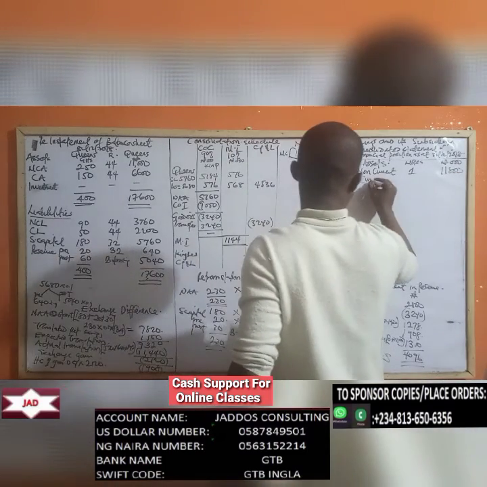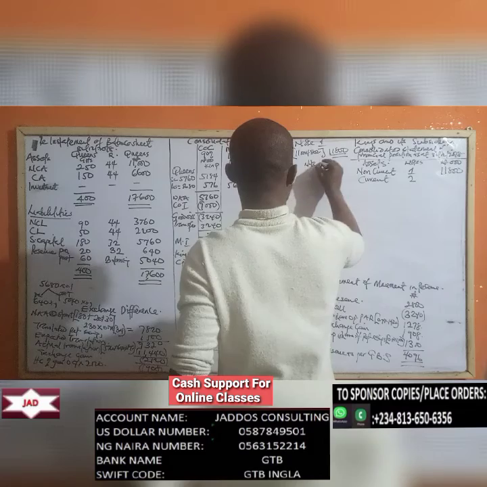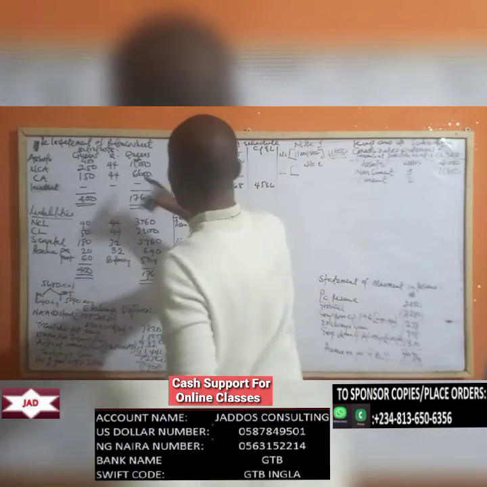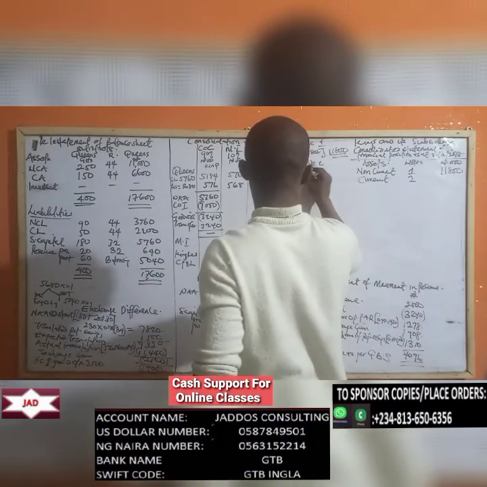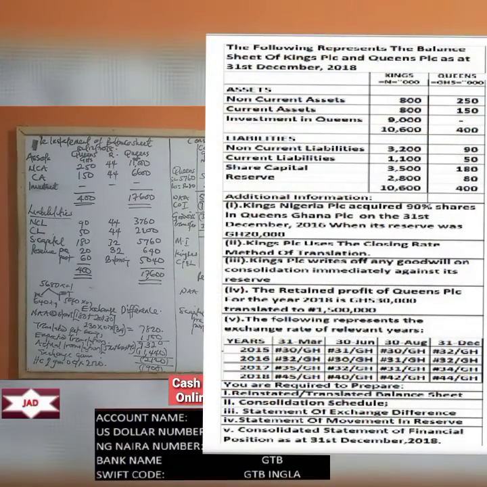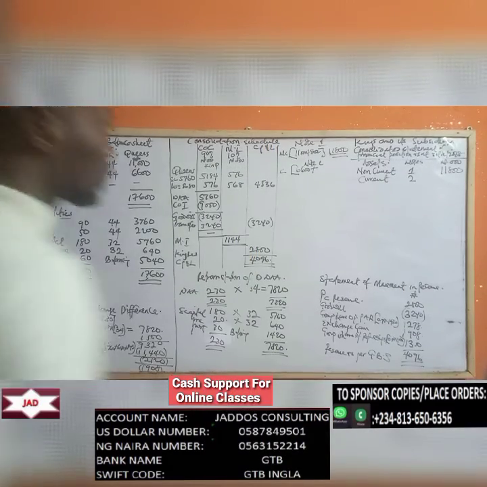So we have current, note 2. We have 6,600 plus Kings' own current asset, which is 800 as well.